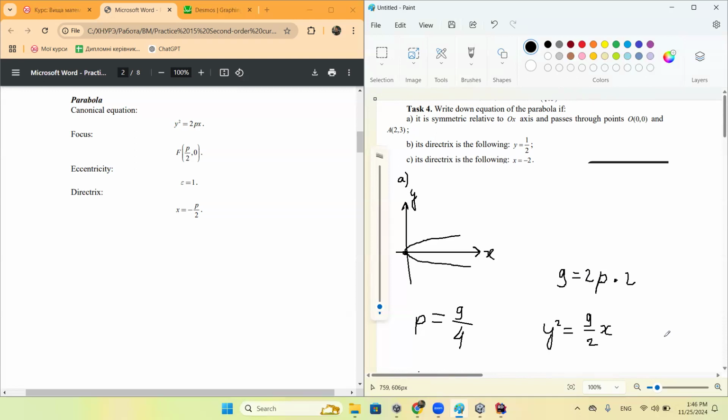Okay, understand. And point 0, 0 is just for understanding how this parabola is located.